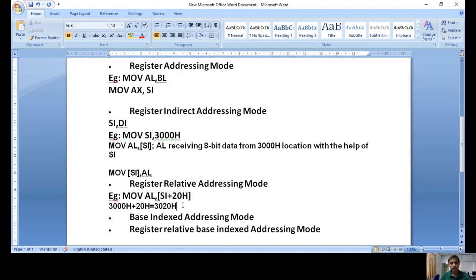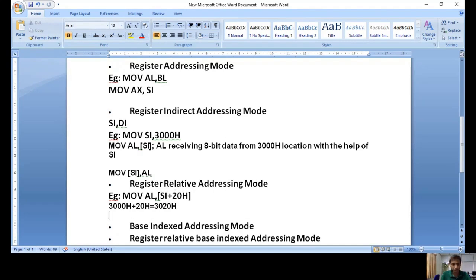We can write it in reverse also. The same address we can use as the destination operand, and the register we can select as the source operand. In the earlier example, AL takes data from 3020. If you write it reversely, the 3020H memory location receives data from AL. Like that also we can write. So finally, the total indirect address contains the index address plus an 8-bit or 16-bit address.